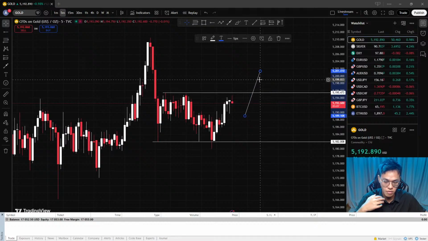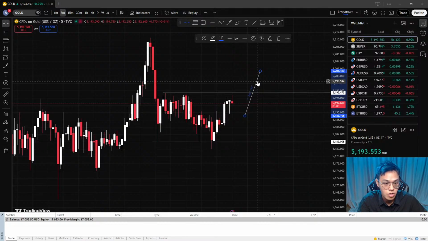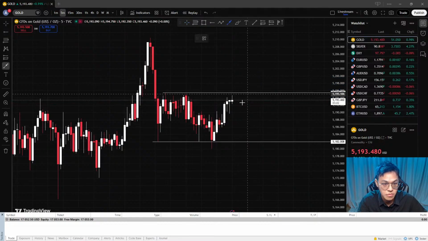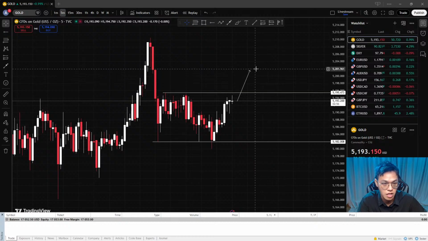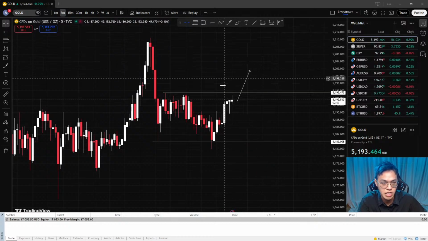So what is the confirmation I'm waiting for? First, if I want to buy, the price should break out this resistance level. This is the first condition I'm waiting for if I want to buy.